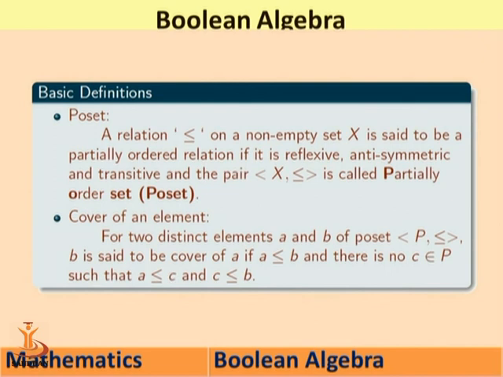It means A is related to B, A is related to C, C is related to B. So this definition says that there is no element between A and B such that A is related to C and C is related to B.